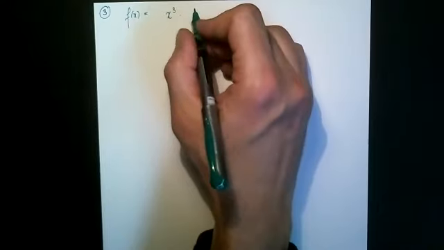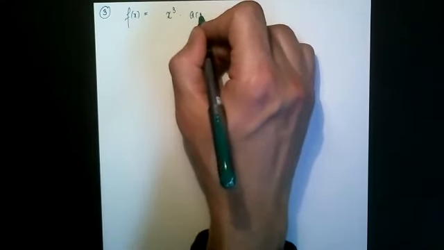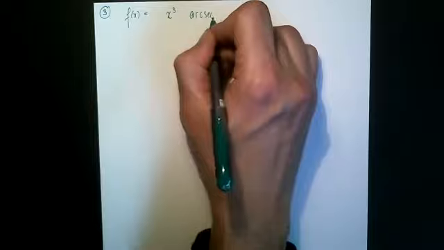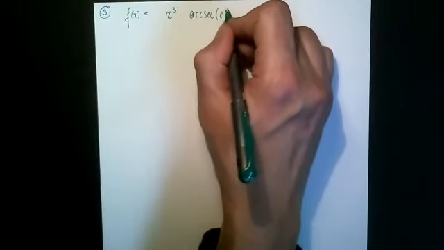So let's say f of x is equal to x cubed times arc secant of e power x.